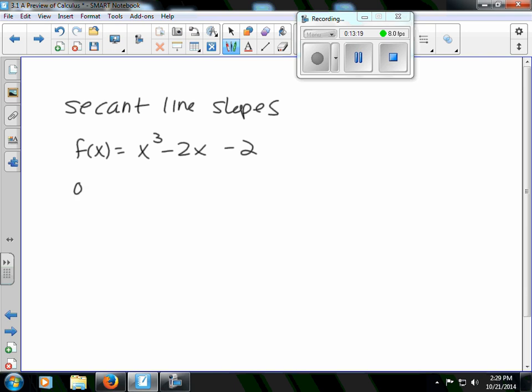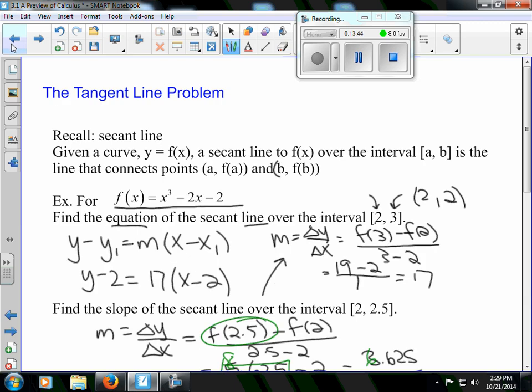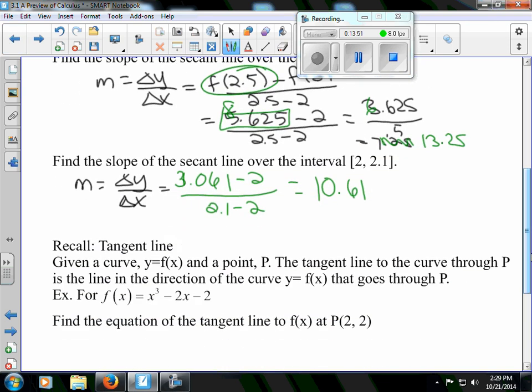I did this on the interval 2 to 3, on the interval 2 to 2.5, and on the interval 2 to 2.1. And every time I do this, my second x value has gotten closer and closer to 2. My slopes changed as well. They were 17 and then 13.25 and then 10.61.